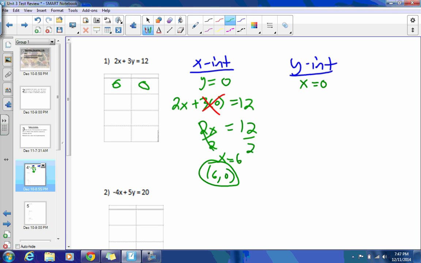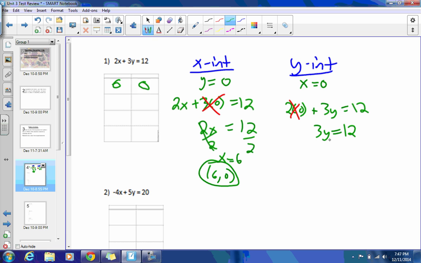The y-intercept, though, is when x is equal to 0. So we can plug that right in: 2 times 0 plus 3y equals 12. Again, when you multiply by 0, that cancels that out. That's just 0. That's why I like this method so much, because you're plugging in 0. So you're really just having 3y equals 12.